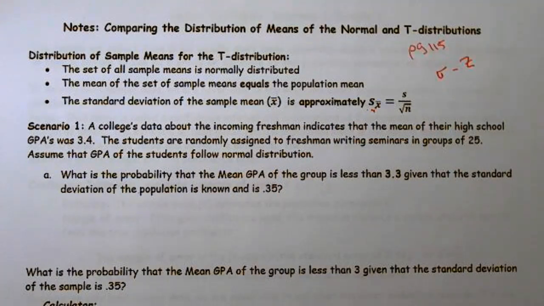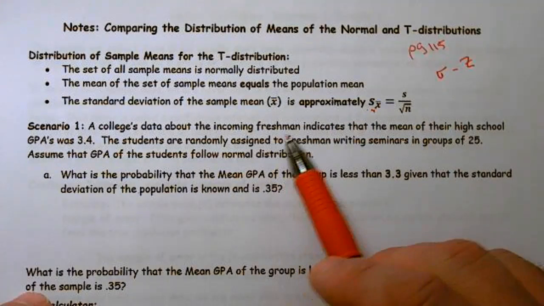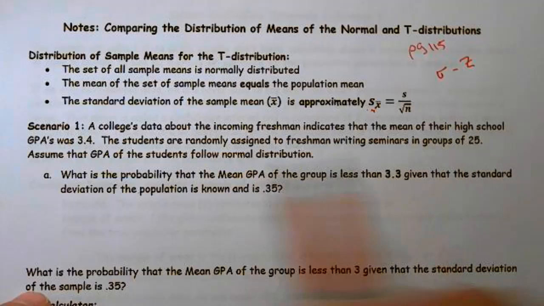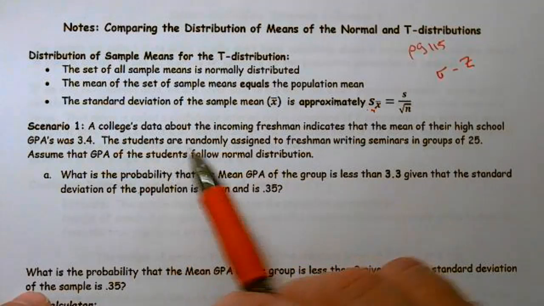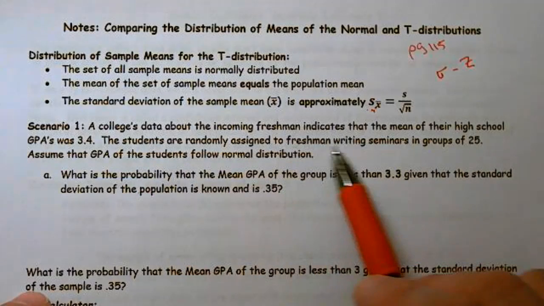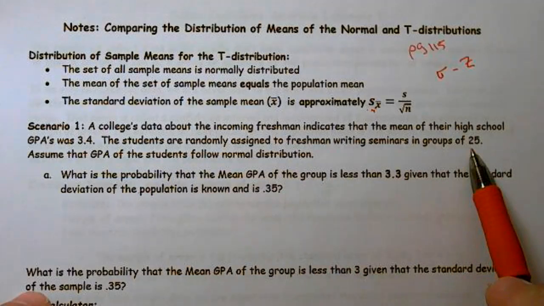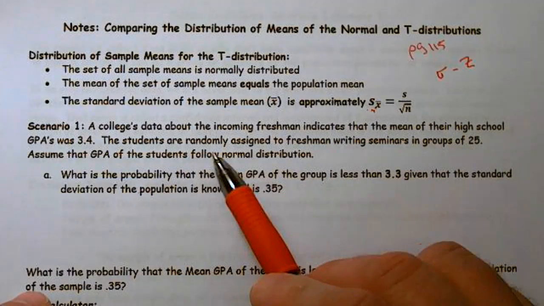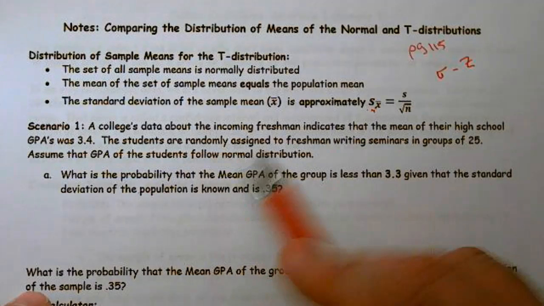So a college professor's data about the incoming freshman indicates that the mean of their high school GPA was 3.4. The students are randomly assigned to freshman writing seminars in a group of 25. Assume that GPA of the students follow the normal distribution.